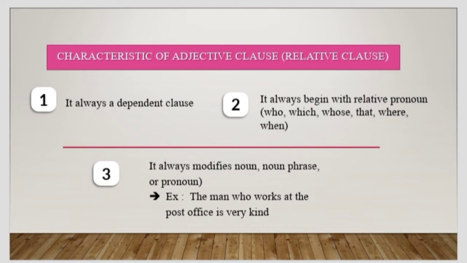So who connects the man with works at the post office is very kind. Okay, we see again the example. The man who works at the post office is very kind. Lelaki yang bekerja di kantor pos sangat baik.